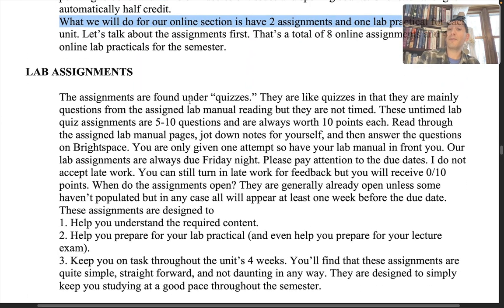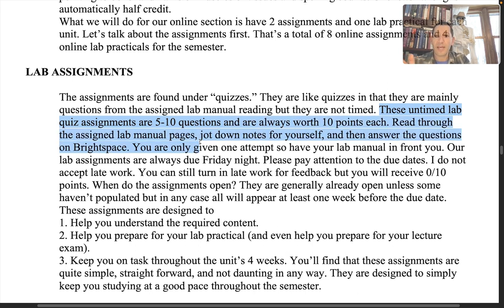The assignments are found under quizzes. They're basically quizzes, but they're just not timed. These untimed lab quiz assignments are like 5 to 10 questions, nothing that's supposed to stress you out. They're always worth 10 points each. Read through the lab manual pages that I've assigned.